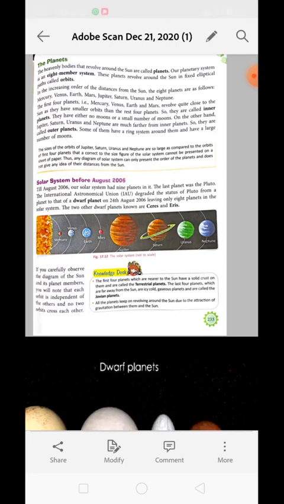And the surprising thing is that none of the orbits cross each other. All the planets revolve around the sun on their own fixed pathway, and the pathways of two planets do not cross each other. So the planets revolve around the sun in their own separate pathways without colliding with each other.